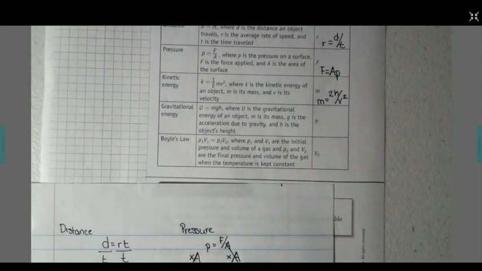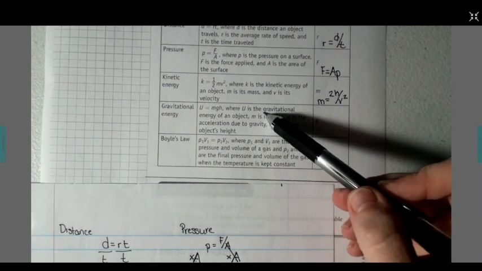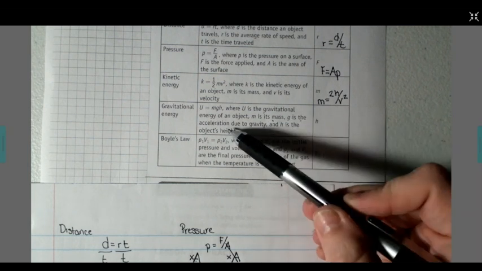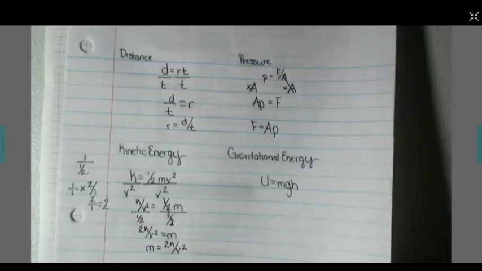The fourth one, gravitational energy. That equation says U equals mgh, where U is my gravitational energy, m is the mass, g is the acceleration due to gravity, and h is the height of the object. And we are solving for h.